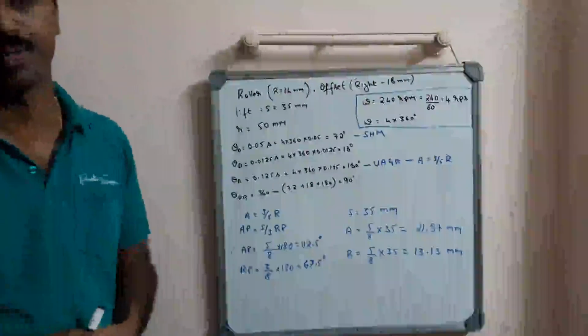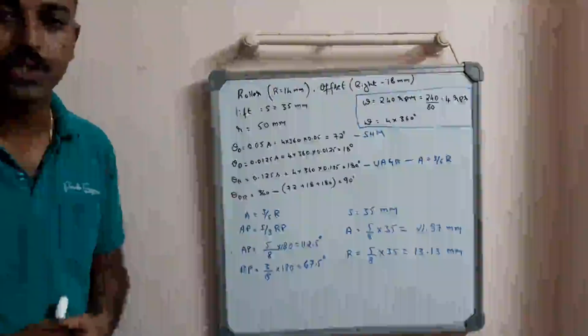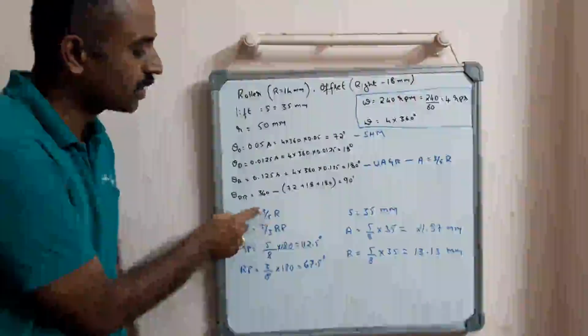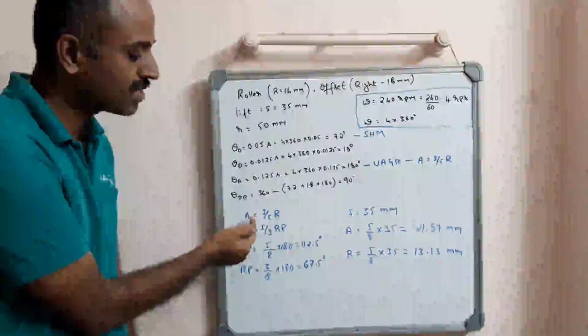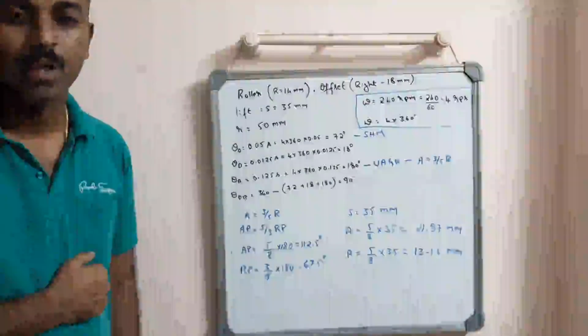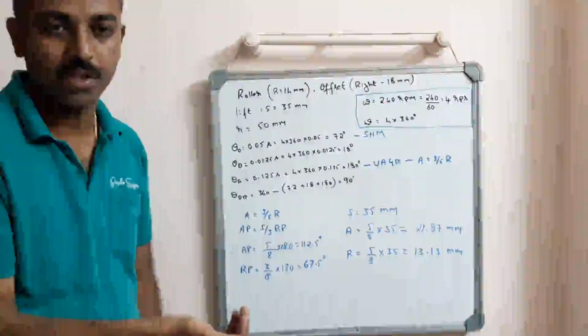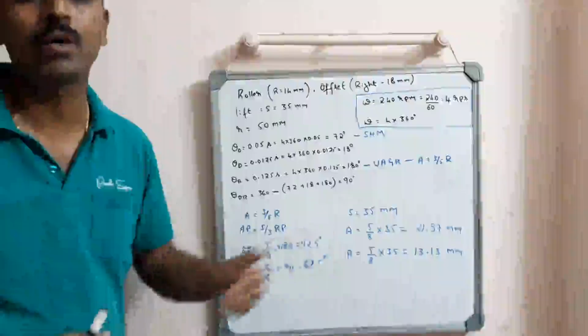What do we mean by this? Acceleration is 3 by 5 times retardation. 3 by 5, the ratio 3 by 5, is obviously less than 1. That is, acceleration is slower than retardation. Slower means the time taken will be more.